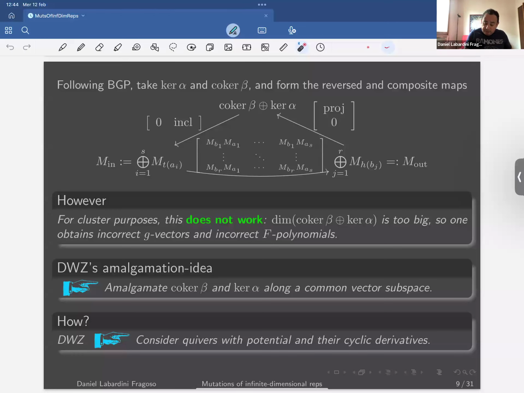And the reason is actually that this space is way too big. It is too big. So what Derksen, Weyman, and Zelevinsky thought was, okay, this is too big, so let's try to just amalgamate them along a certain subspace of each of them.